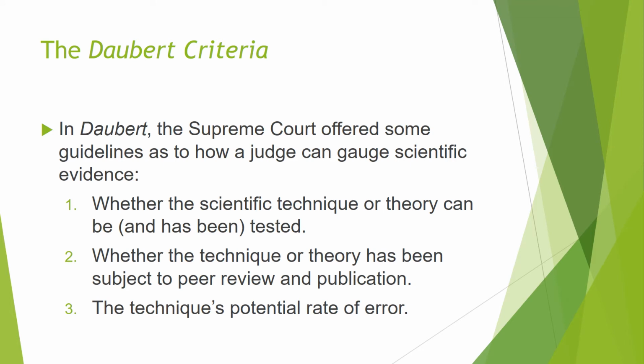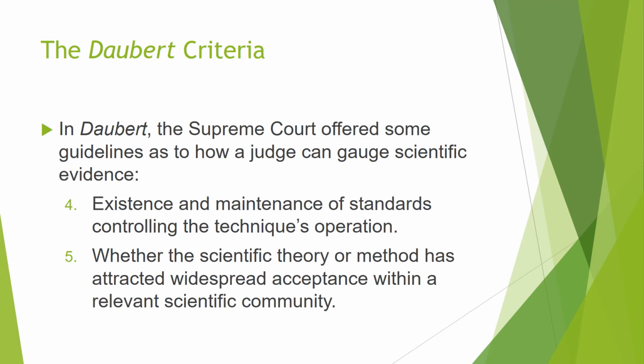In Daubert, the Supreme Court offered some guidelines as to how a judge can gauge scientific evidence. 1, whether the scientific technique or theory can be or has been tested. 2, whether the technique or theory has been subject to peer review and publication. 3, the technique's potential rate of error. 4, existence and maintenance of standards controlling the technique's operation.